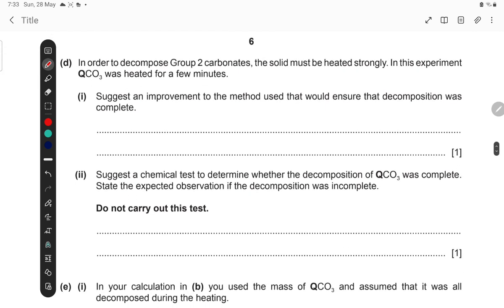In order to decompose group 2 carbonates, the solid must be heated strongly. In this experiment, QCO3 was heated for a few minutes. Suggest an improvement to the method that would ensure the decomposition was complete. Heat to constant mass.